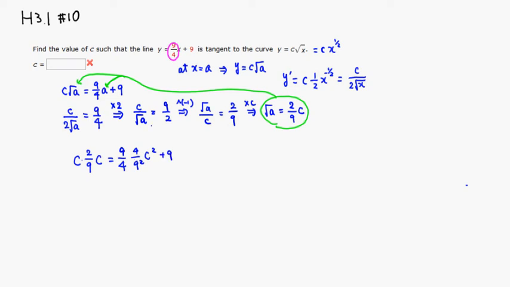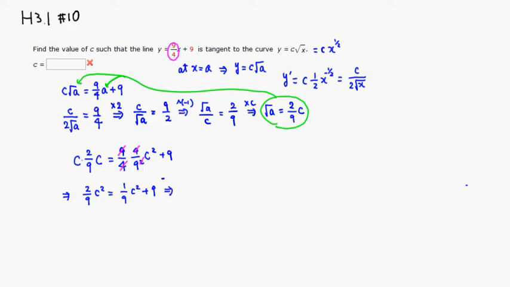Then we can simplify, so here the 9 and the 9 cancel out, the 4 and 4 cancel out. So what you get is 2 over 9 c squared is equal to 1 over 9 c squared plus 9.